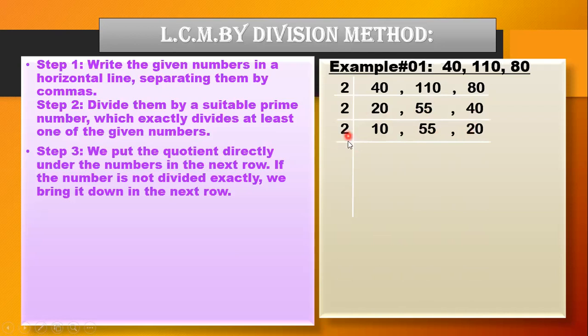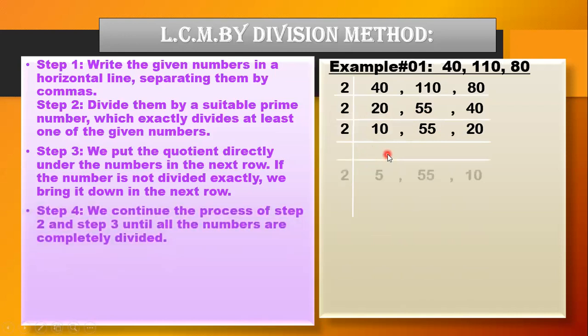Then again we are taking 2 as a prime factor: 2 5 times is 10, and 2 10 times is 20, and 55 as it is. Then 2 again: 2 5 times is 10, 55 and 5 are as it is.